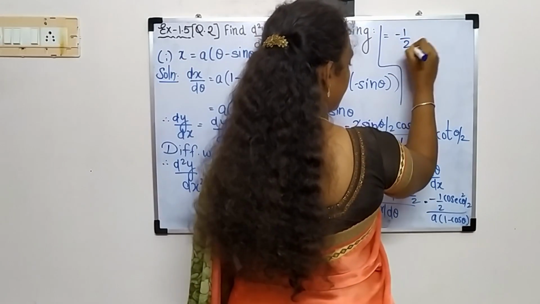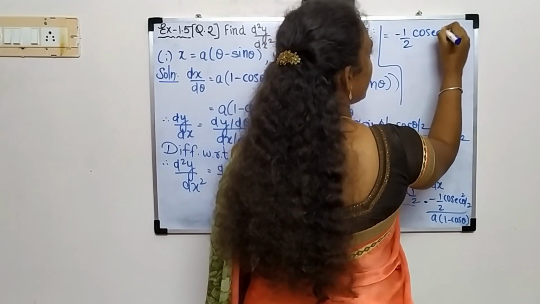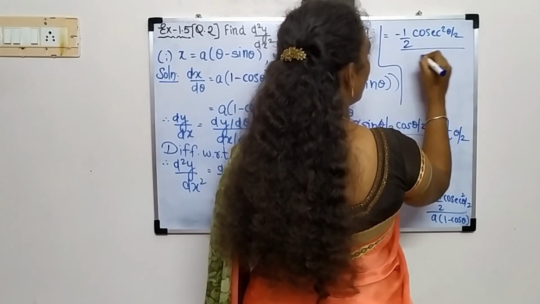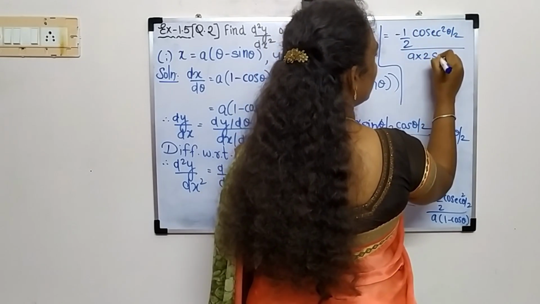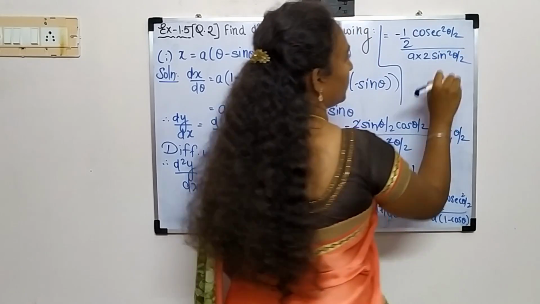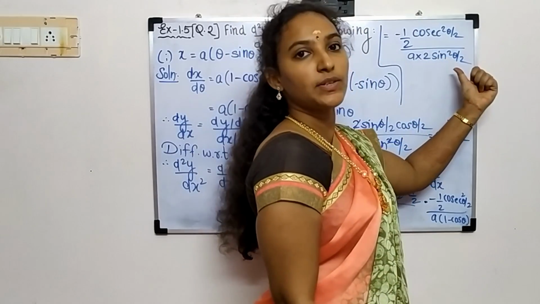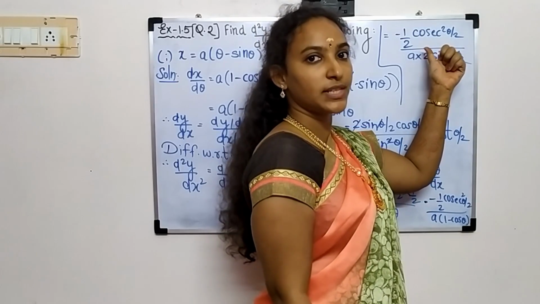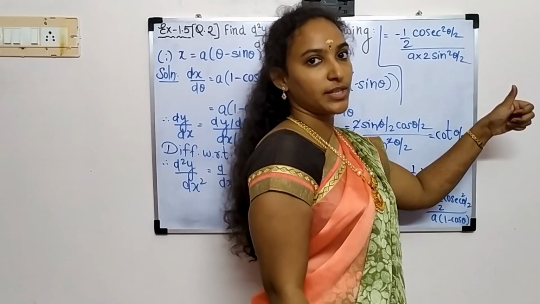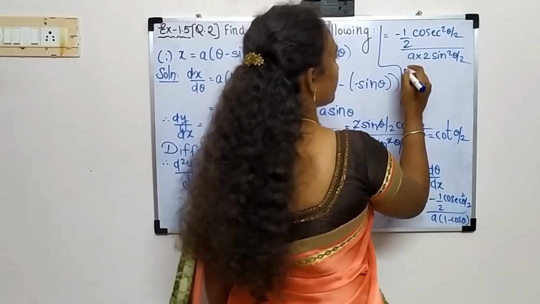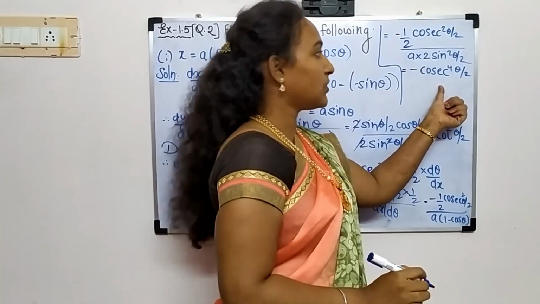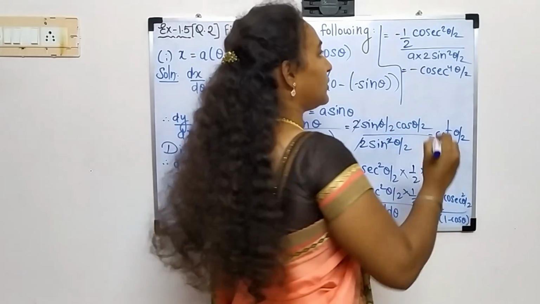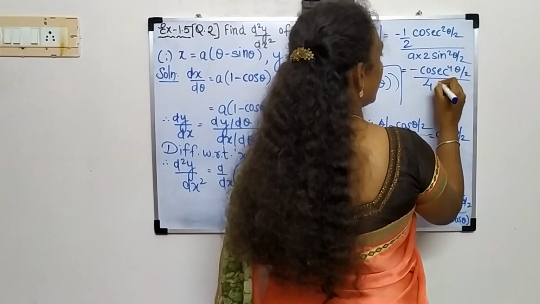So this is minus half cosec square theta by 2 upon a into 2 sin square theta by 2. And 1 by sin square theta by 2 is cosec square theta by 2. Already we have a cosec square, so multiplied with cosec square will be cosec raised to 4. Minus cosec raised to 4 theta by 2 upon 4a.